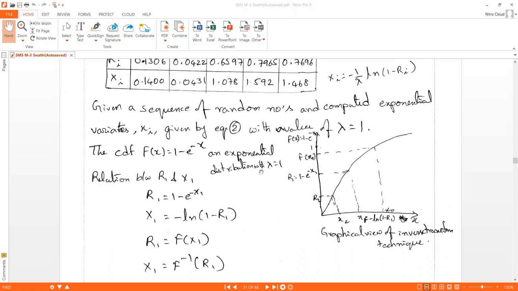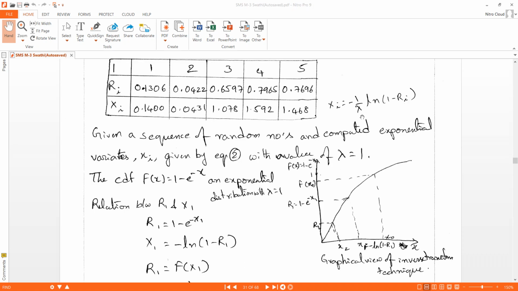If you substitute lambda equal to 1 in this equation, what will be the x1 value? x1 is equal to minus 1 by lambda, lambda is 1, 1 by 1 is 1, into ln of 1 minus R1. So x1 is equal to minus ln of 1 minus R1.